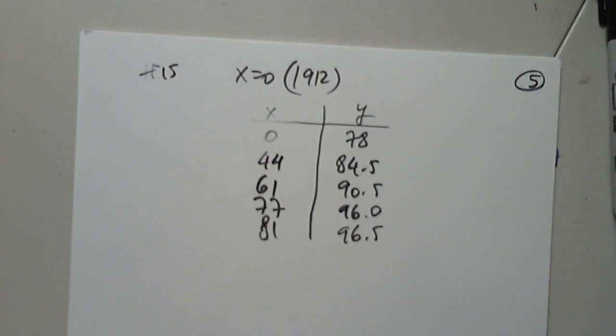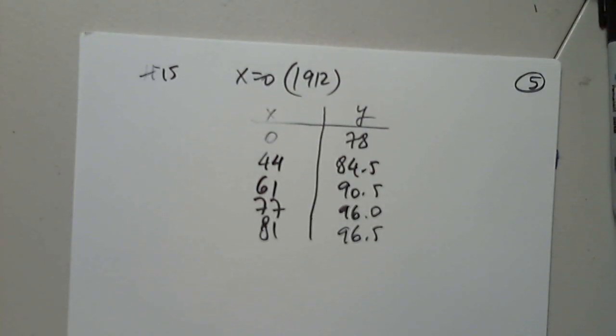Why did I choose those min and max? Because I'm looking at the data. The data for x is between 0 and 81, and the data for y is between 78 and 96. So when I graph, I will see something like this, sort of a line.